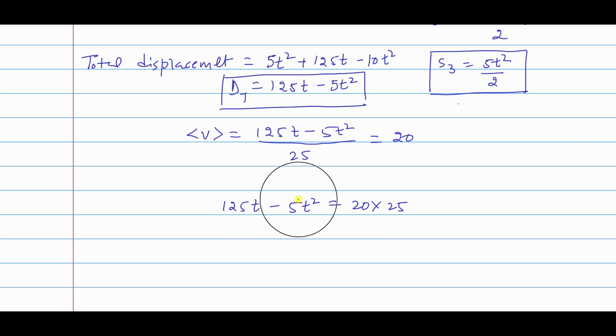So you can divide the whole equation by 5 and you will get, this will cancel, it will be 25, it will be 5. So we can rewrite this equation as t square minus 25t plus 100 is equal to 0.